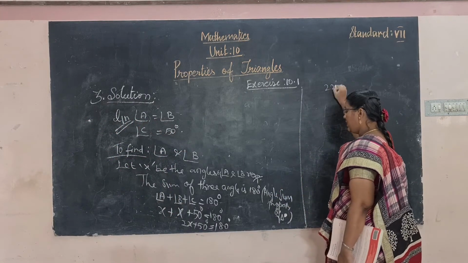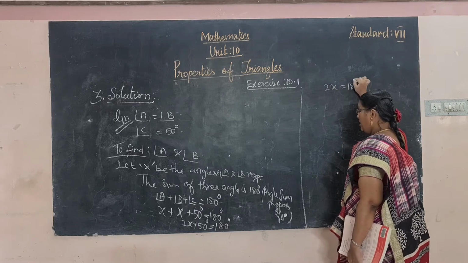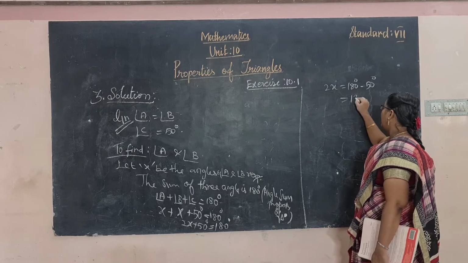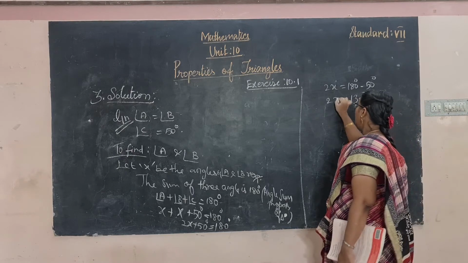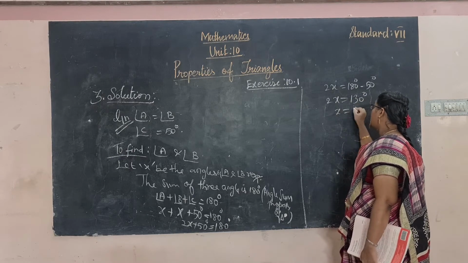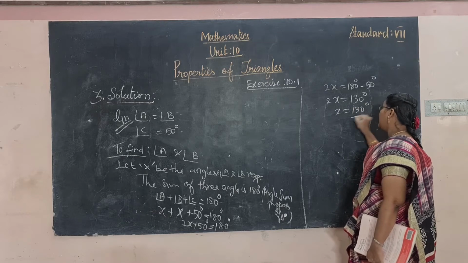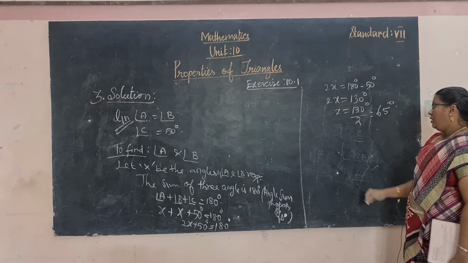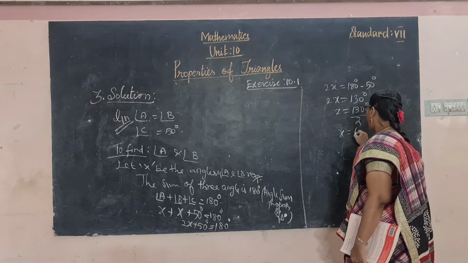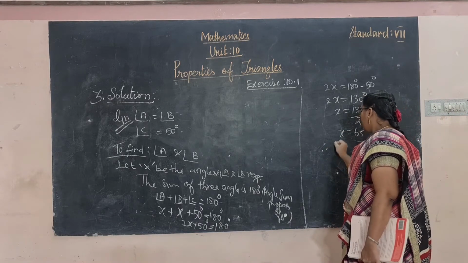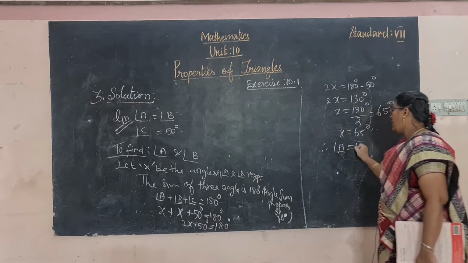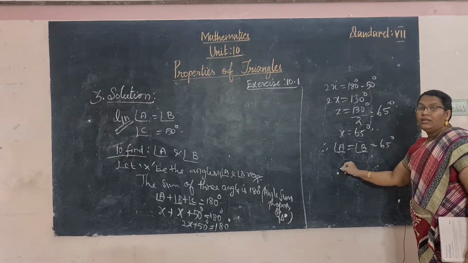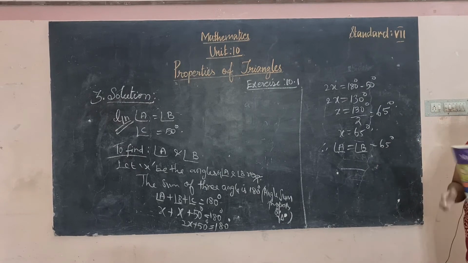So 2X equals 180 degrees minus 50 degrees, which gives 130 degrees. So x equals 130 degrees divided by 2, which is 65 degrees. Therefore angle A is equal to angle B, equal to 65 degrees. That's it.